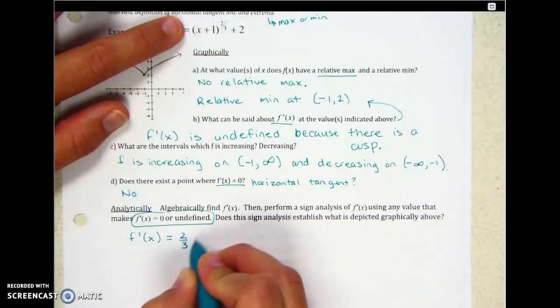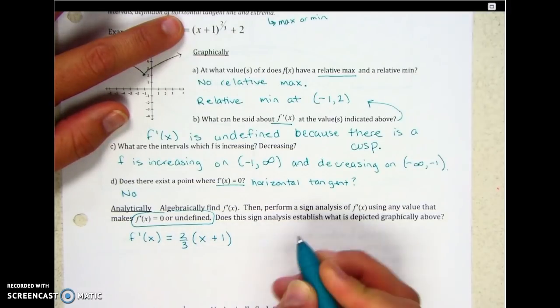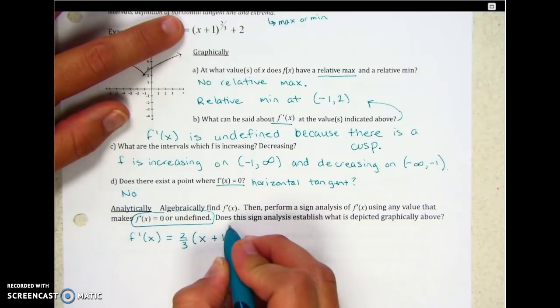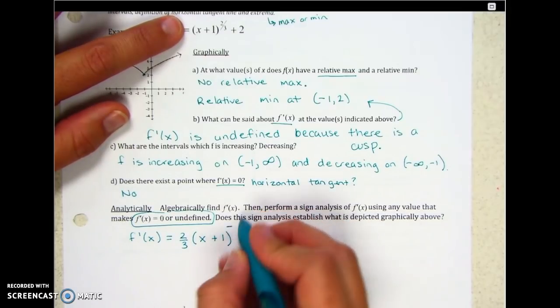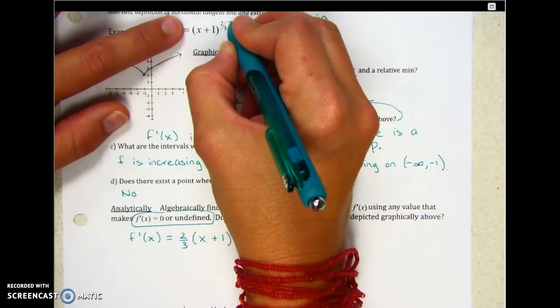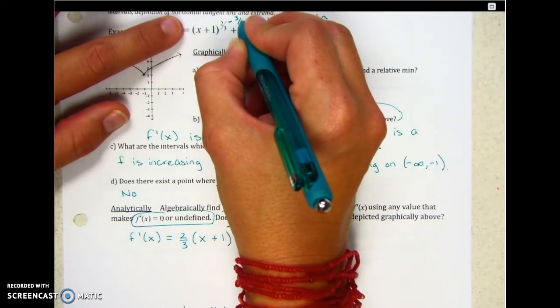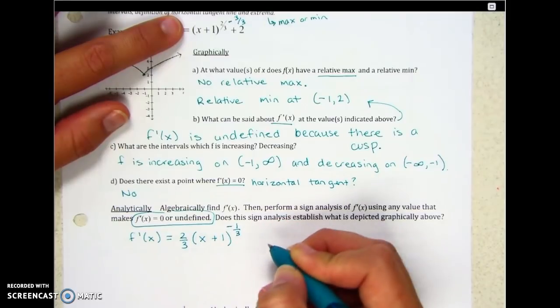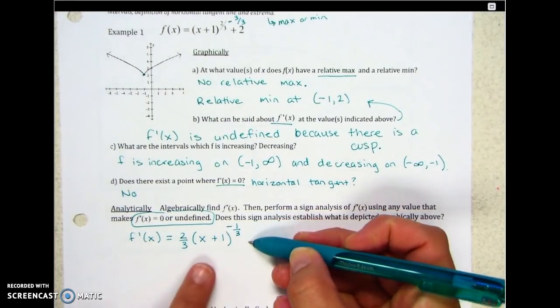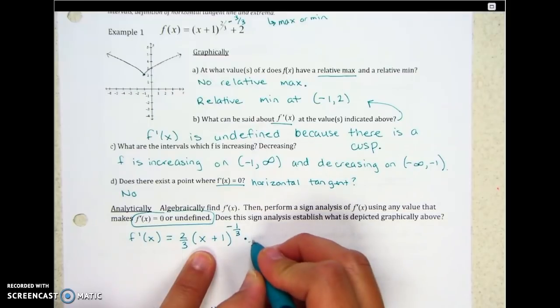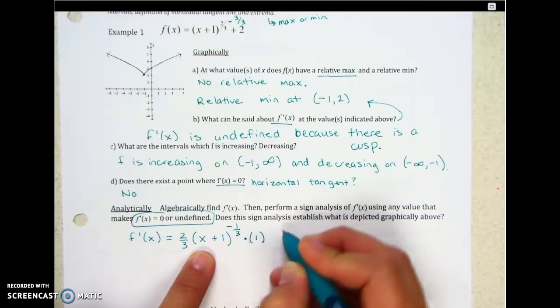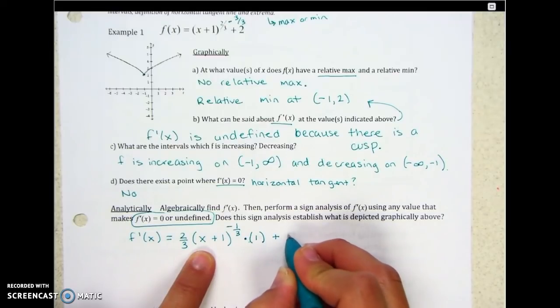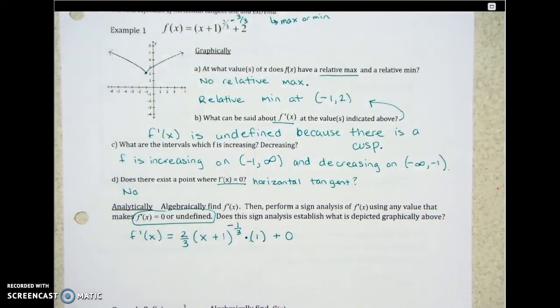So 2/3 is a coefficient, and the inside stays the same. And what's 2/3 minus 1? If you get confused, we go -3/3, so it'd be -1/3. Multiply by the derivative of the inside, which is 1. And what's the derivative of the constant 2? 0. Okay.